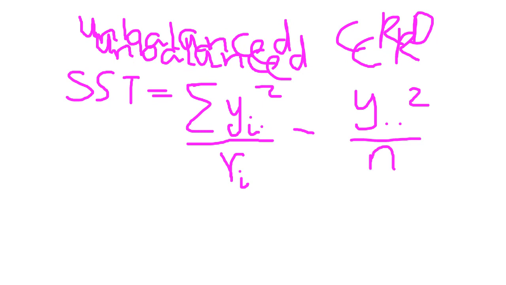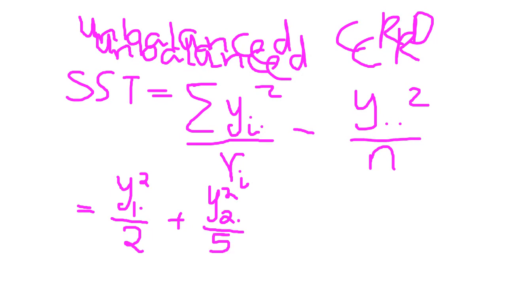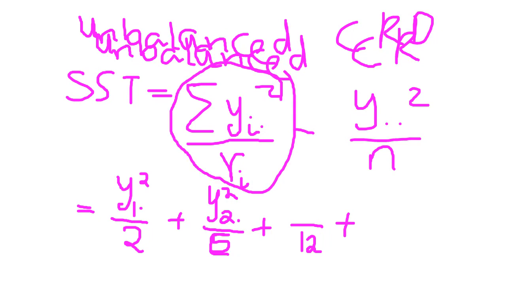Based on the example we are doing now, for the first part you will say y1 dot squared divided by 2, plus the sum of the second treatment squared divided by 6, plus the third treatment squared divided by 12, and so on. We are still dealing with the first part because our replications are not the same, so each treatment is divided by its own replication. Yeah, I get it, sir.